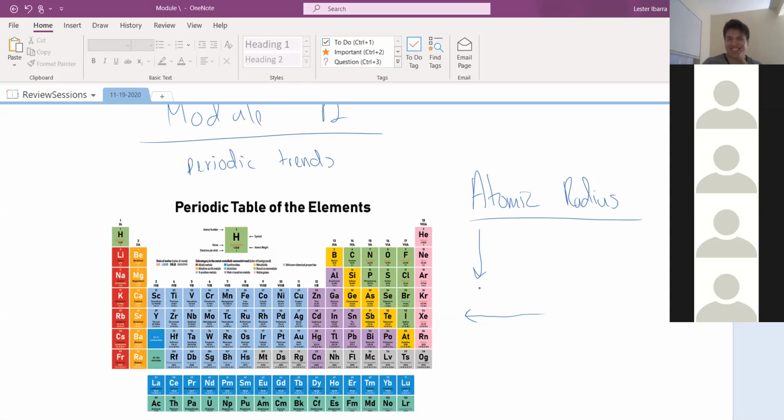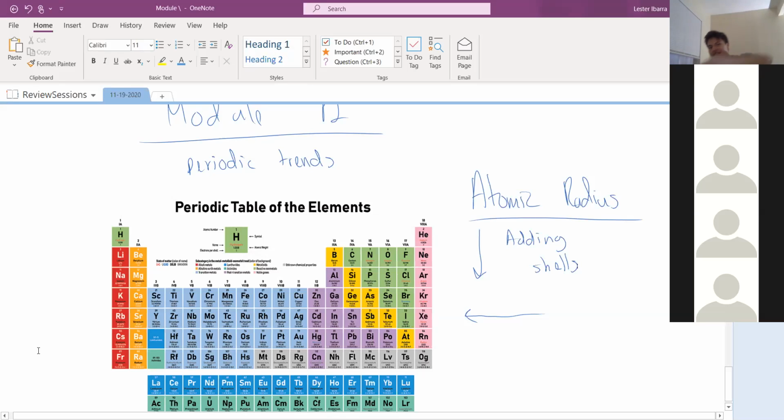What happens as we go down the periodic table? You're adding shells. Exactly. So you're adding shells as you go down. Make sure you know exactly why it is down and then to the left, because it makes it harder if you're not aware.